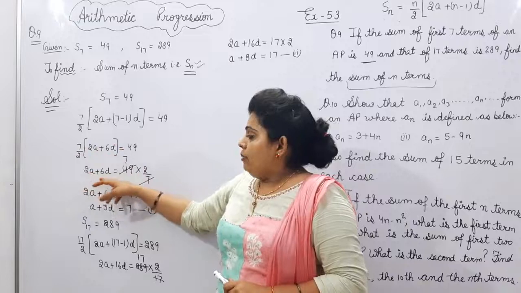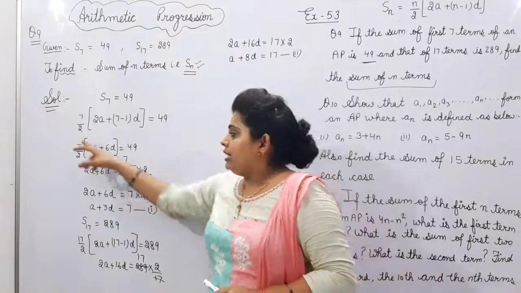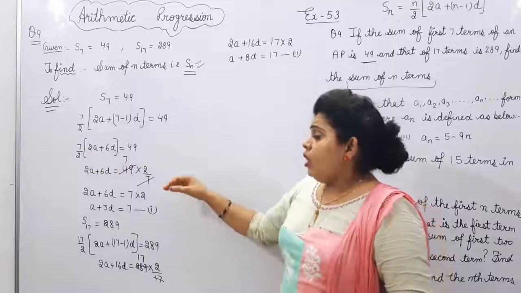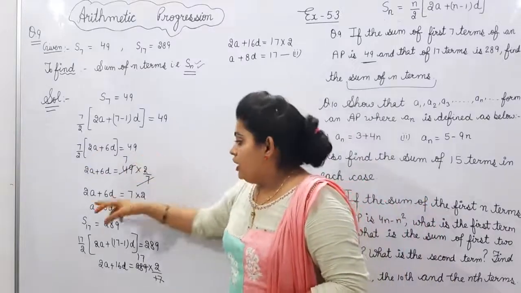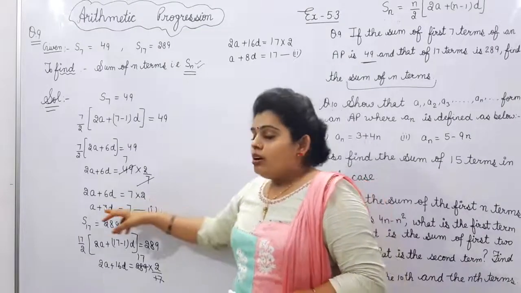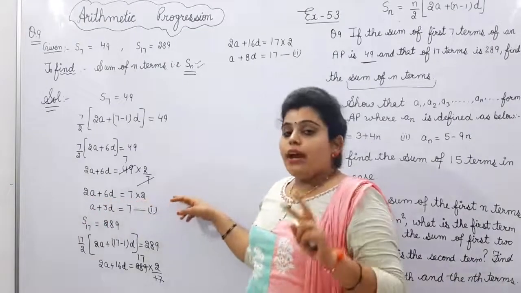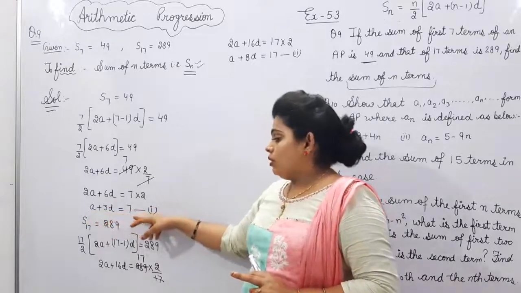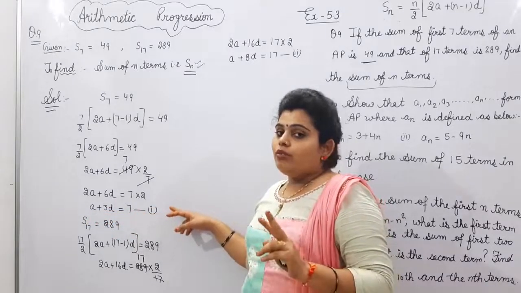Then 2a plus 6d will equal 49, and this 7 by 2 will become 2 by 7. Now 7 sevens are 49. 2a plus 6d is equal to 7 into 2, and these are divisible by 2. Then it will become a plus 3d is equal to 7. It is equation number 1.